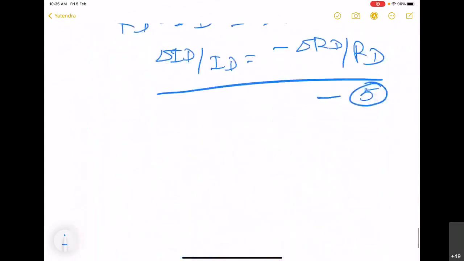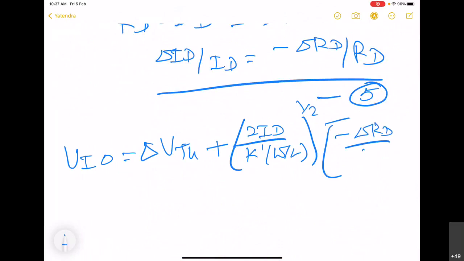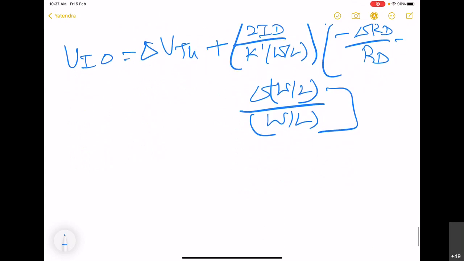So the fourth one will become VIO is equal to delta VTH plus square root of 2ID by K dash W by L into minus delta RD by RD minus delta W by L by W by L. So even this can be replaced in the form of gate to source voltage using the fundamental equation of the drain current and gate to source voltage.